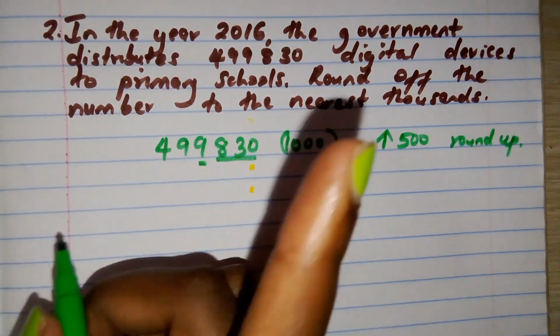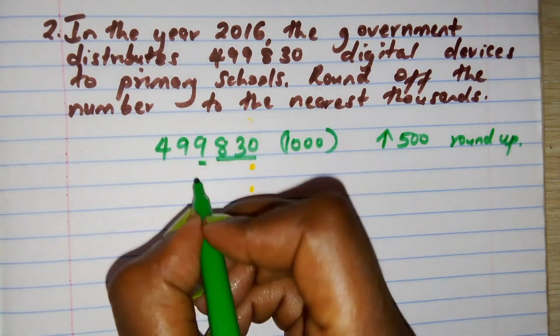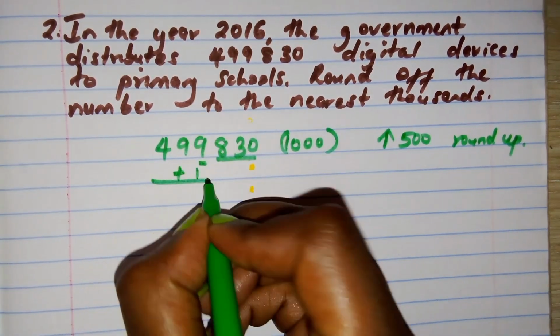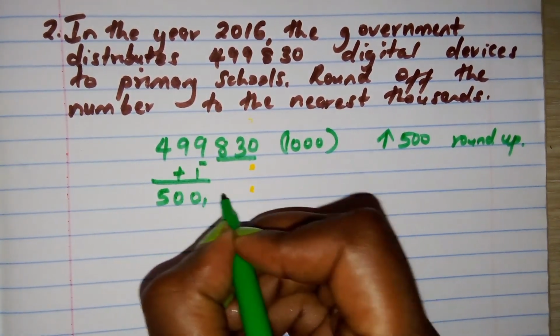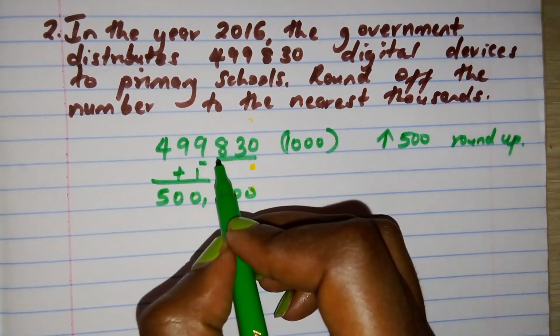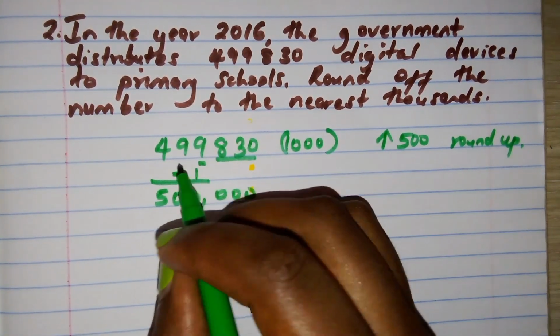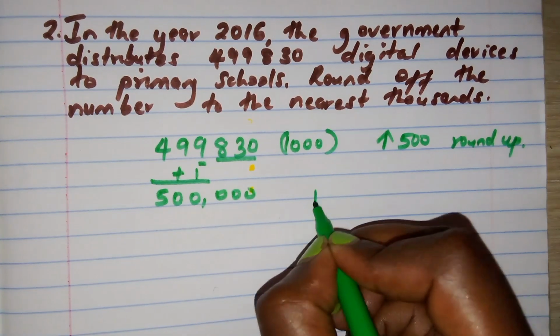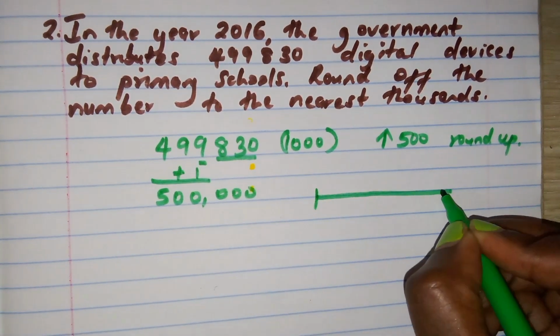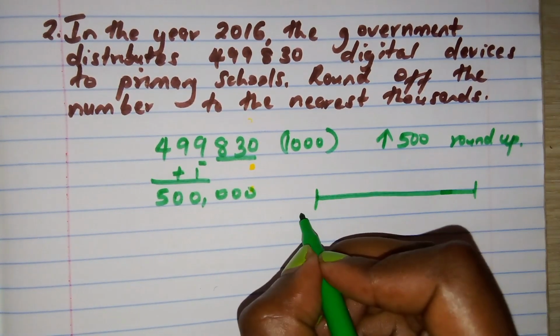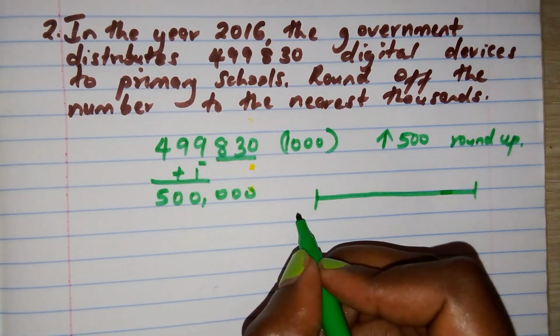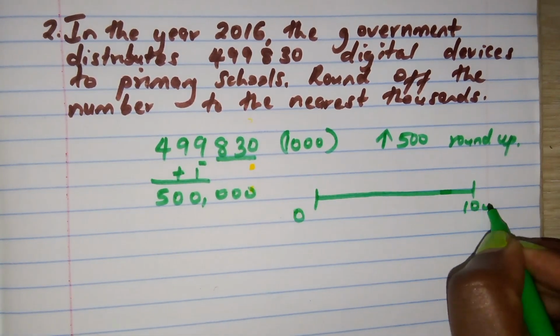So this value will round up by 1. So we add 1 here. So plus 1, the number becomes 500, and then this remains as 00. Because if you are to look at it in terms of a number line, we're looking at the last three digits, so 0 and 1000.